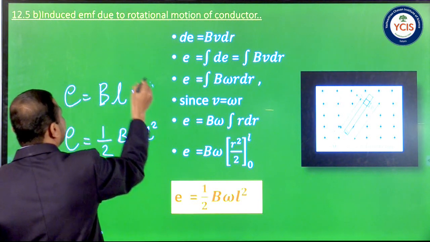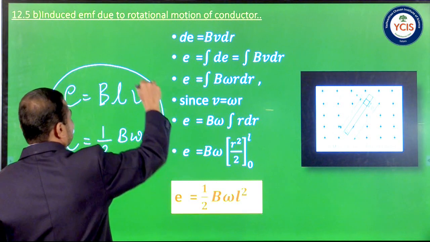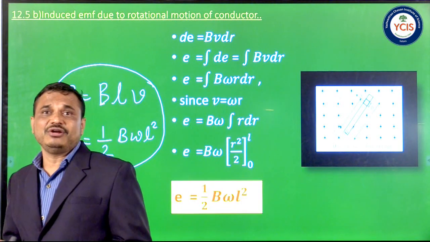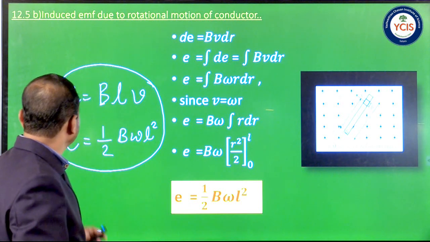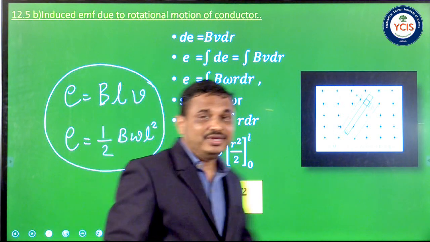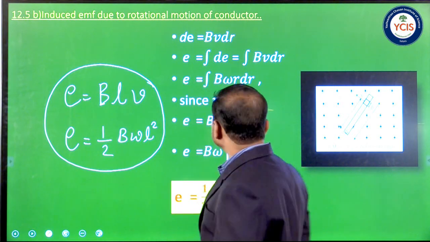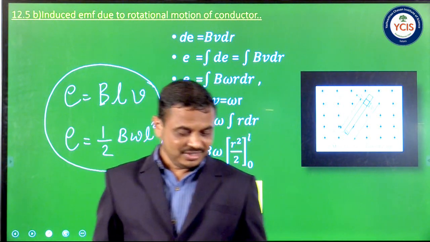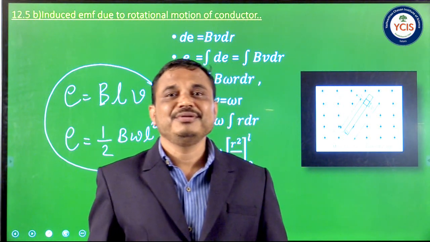We can compare these two equations, and there are a lot of problems on these two equations. You are given B, omega and L, and you have to find E when there is a rotational motion of a conductor. So this is about the motional EMF, a conductor moving in a uniform magnetic field.